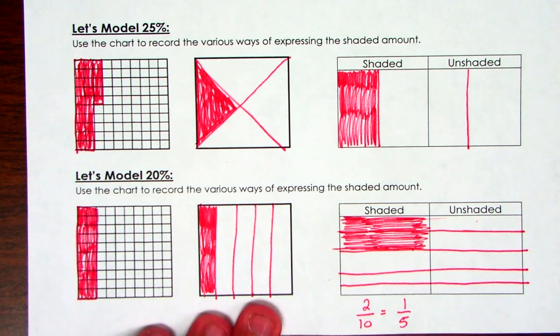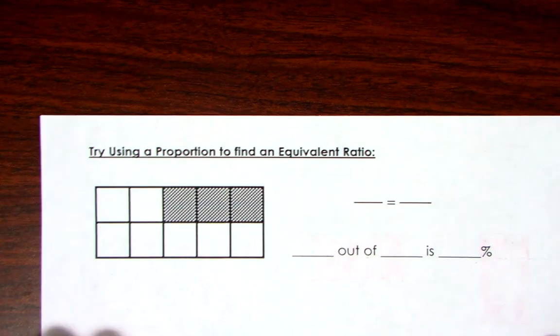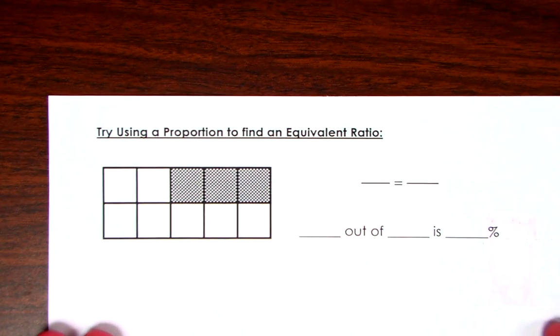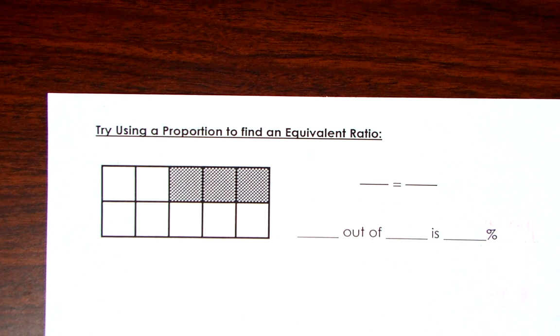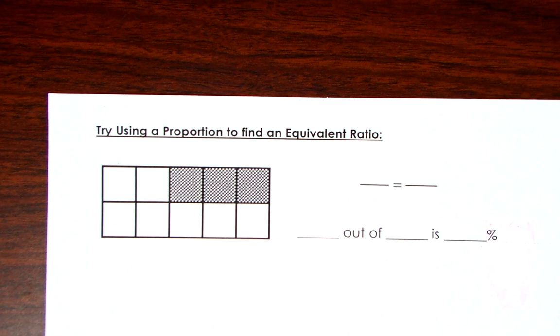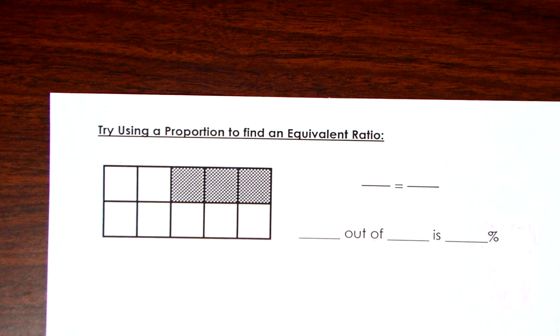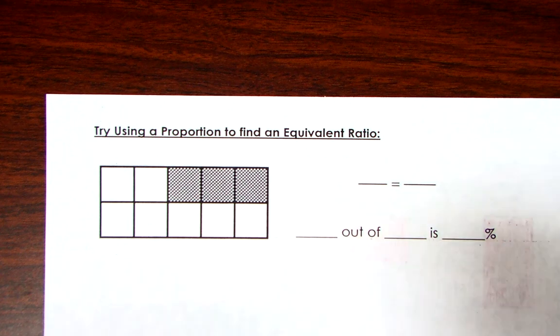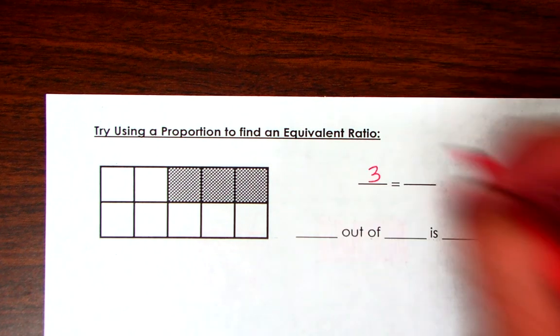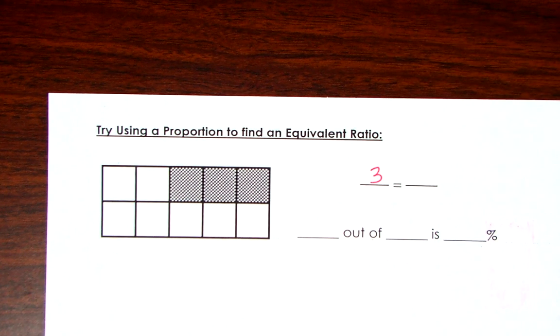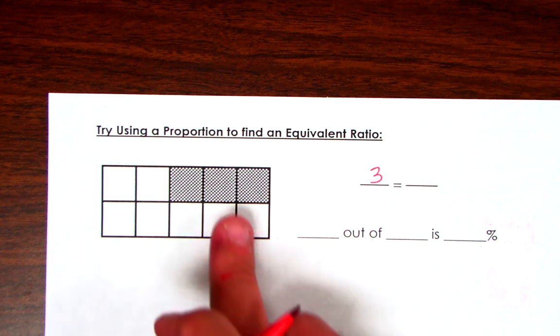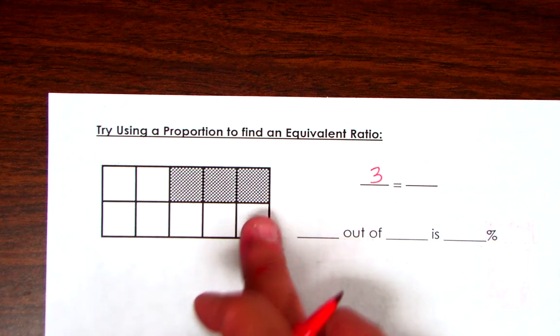Alright, let's see if there's any modeling on the back here. Ooh, alright, here we go. Try using a proportion to find an equivalent ratio. Okay, well guys, how many shaded in squares do you see here? There are 3 of them. Okay. How many total squares do I have?